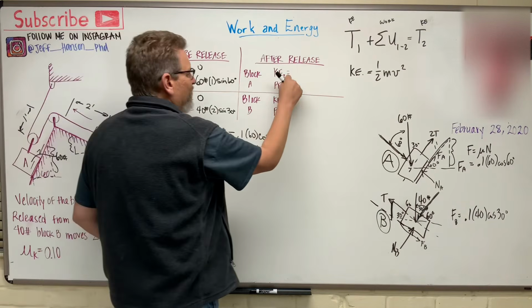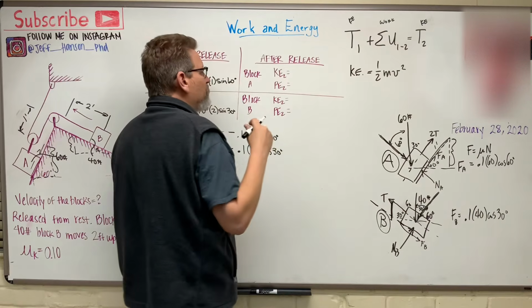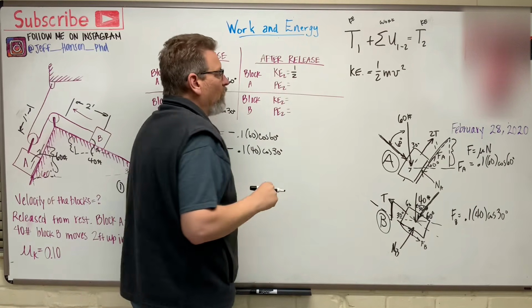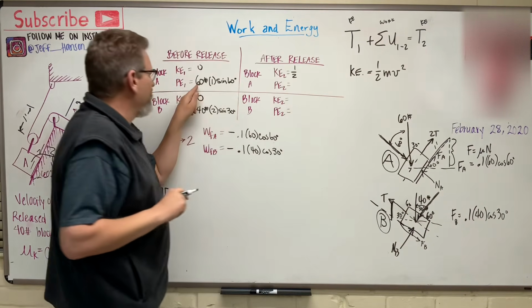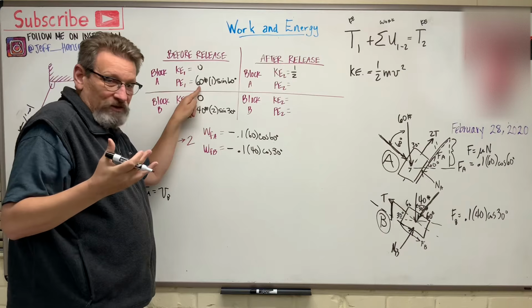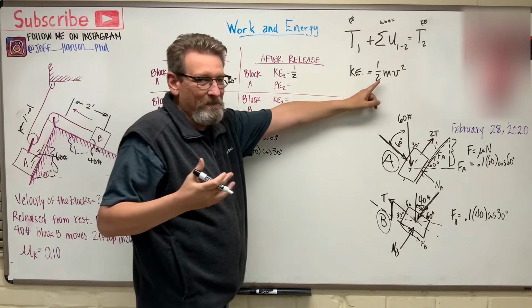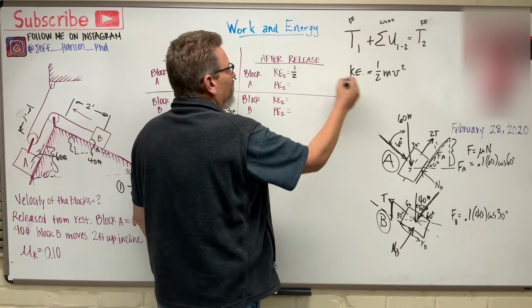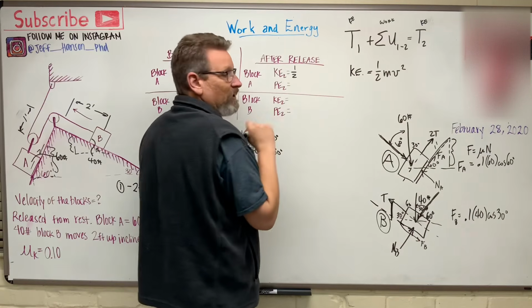So kinetic energy, 1/2 mv squared. For block A, that's just going to be 1/2. What's m for block A? Now remember, this guy over here was a weight. It's a force, a force times distance. But this guy over here is a mass, and in the USCS system, that's going to be the weight divided by the acceleration due to gravity.